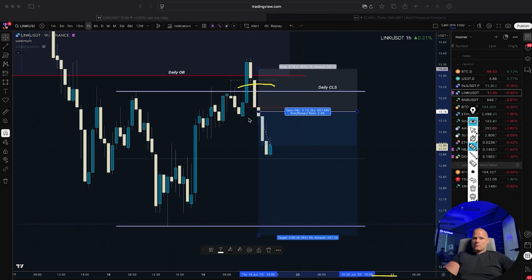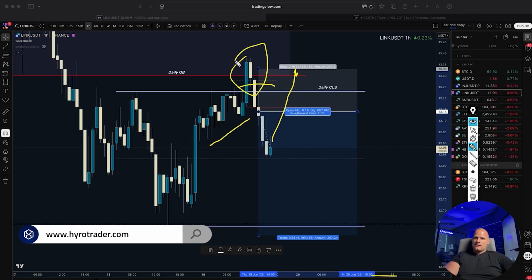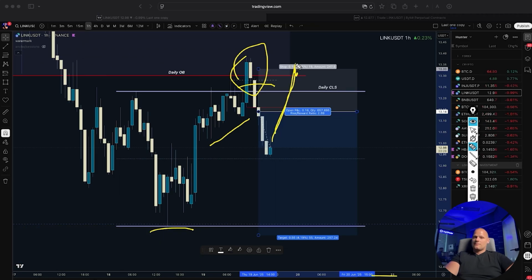They most likely have stop losses somewhere below these lows, or maybe below this low. Our stop loss will most likely be safe in here because the market will not give them the chance to exit from this trade. Some traders who have the long right now in here wish that they didn't make this mistake entering with the big leverage, and they wish that the price will go higher and give them the chance to exit. So right now most likely market makers will be pushing to their liquidation.